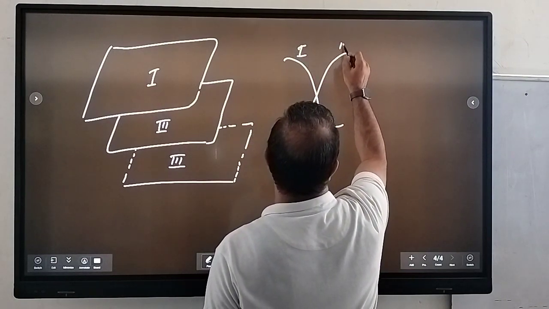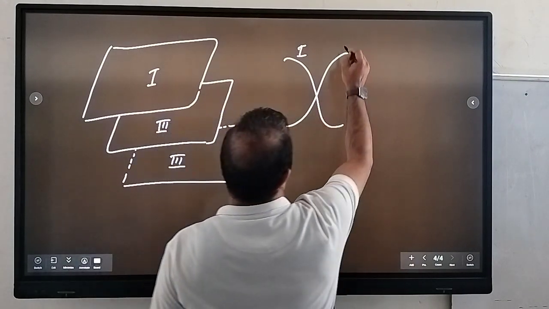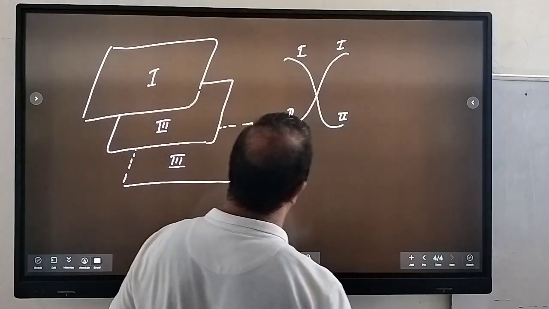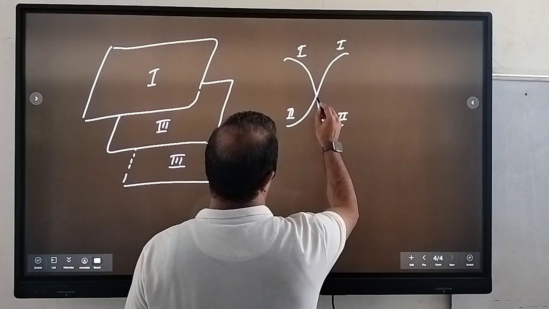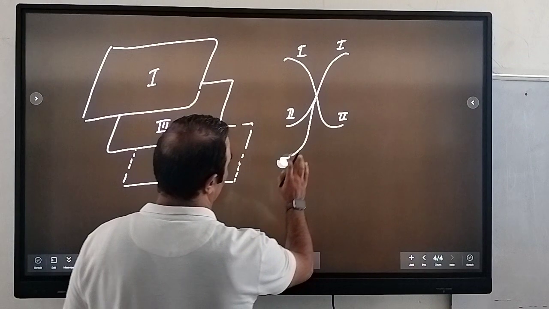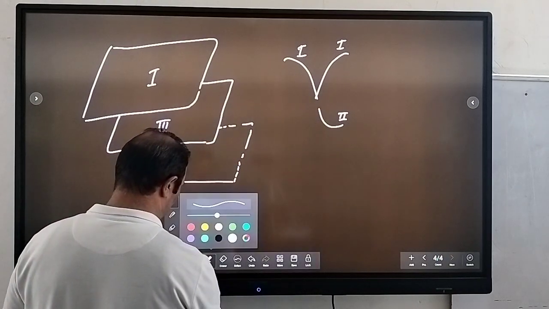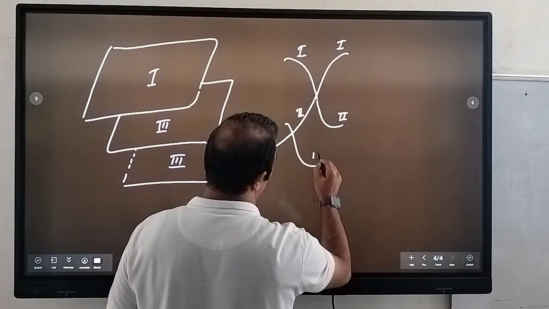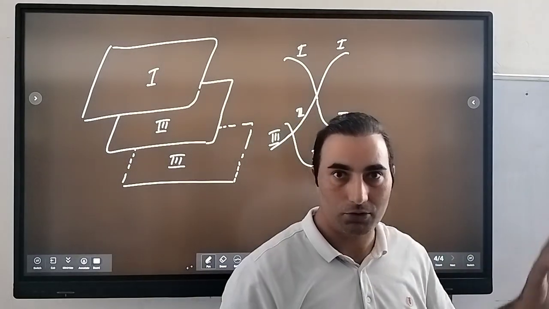This is our first sheet, this was second, and this first goes into second, then second goes into third, and third goes back into the first. So we can draw this diagram this way.